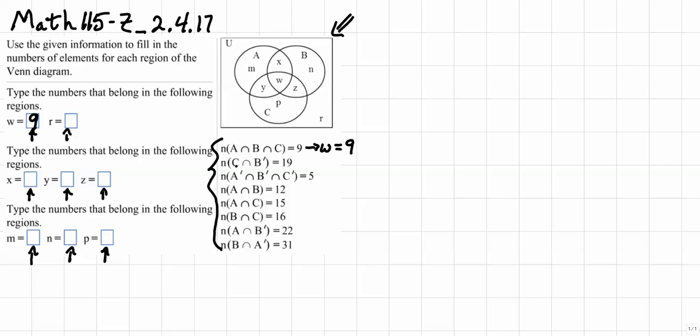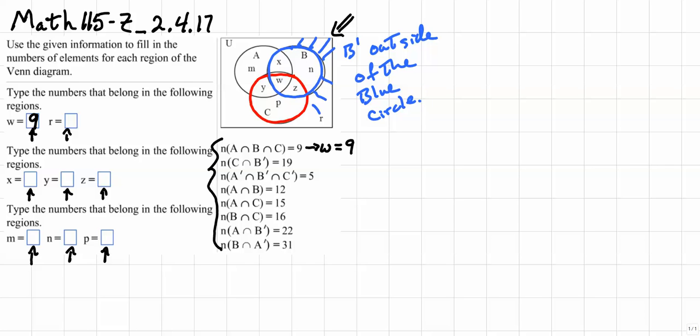This is going to be the number of C intersect B complement. Now, when we look at this, C is this circle right here. B complement is going to be everything outside of this circle, so outside of the blue circle.